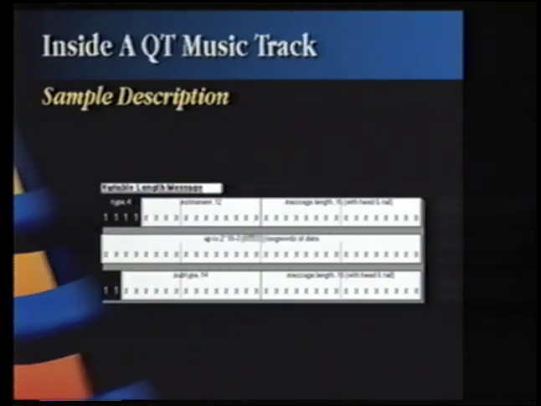Okay, the sample description, as well as the media samples of a QuickTime music track, are all done in this sort of event format, which is a list of long words where the top several bits define the type of the event. Here is a variable length message, so that center long word could be any number of long words, and the length is described at the top and bottom, so you can parse it backwards if necessary. In the case of a sample description, there's a bunch of note requests in there.